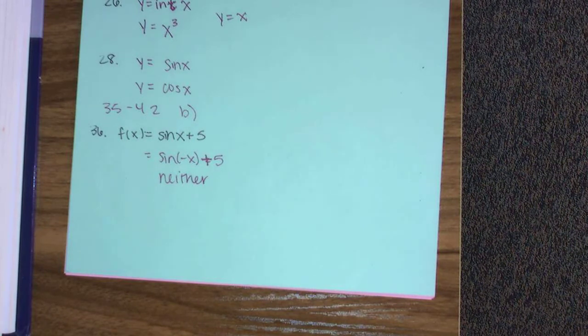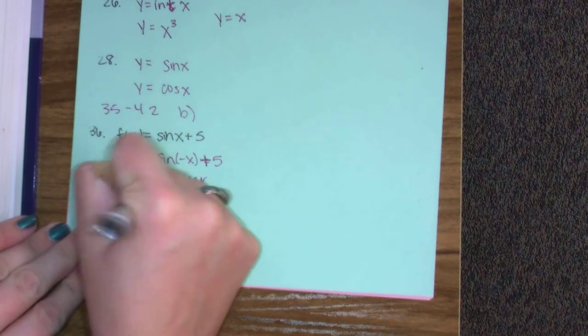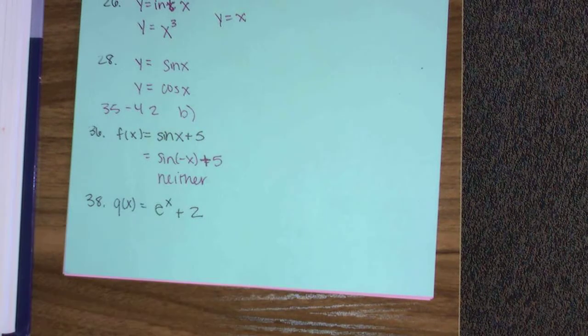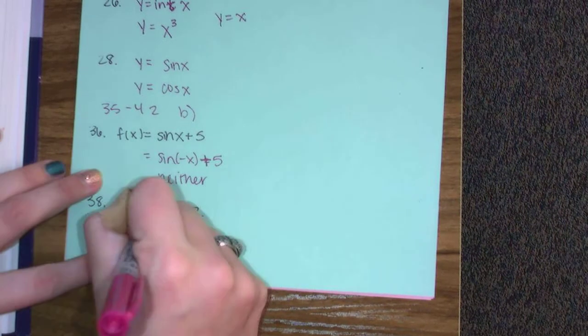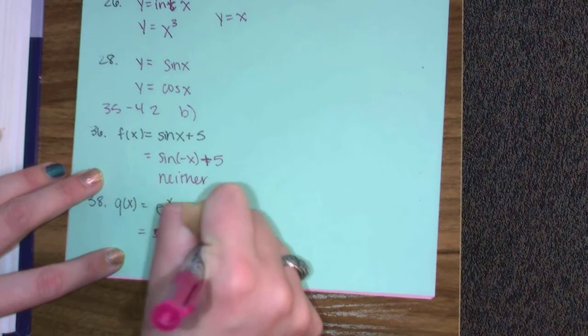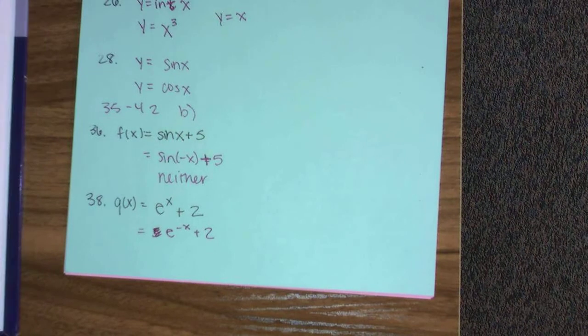Let's see. 38 q of x is equal to e to the x plus 2. And plug in negative x. What does that give me?